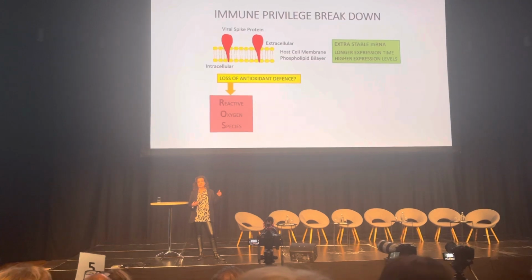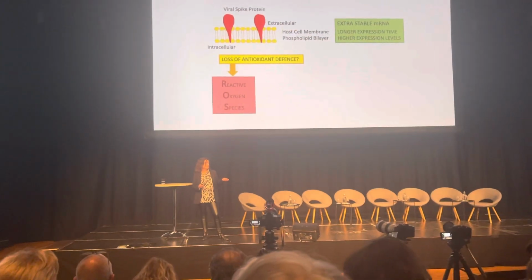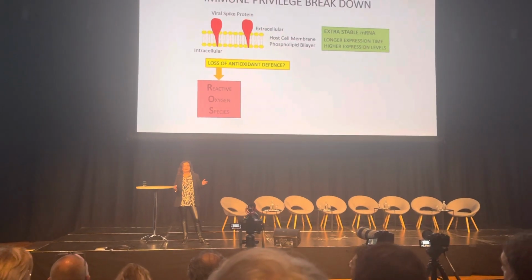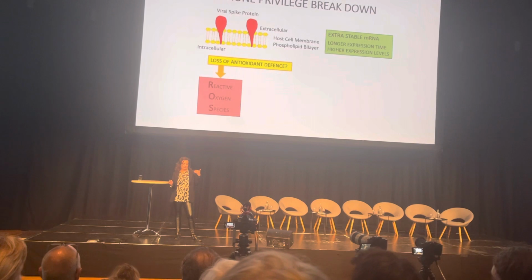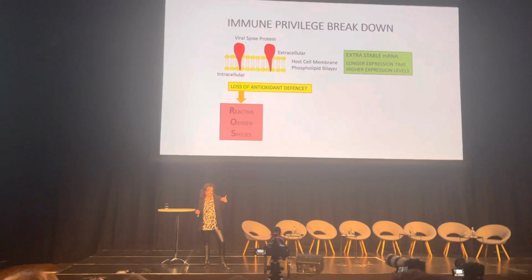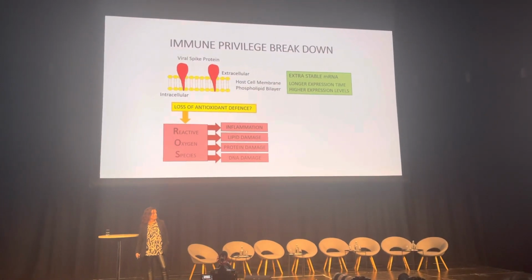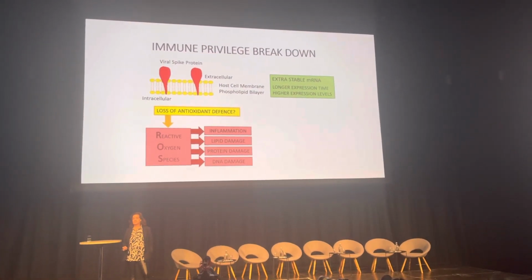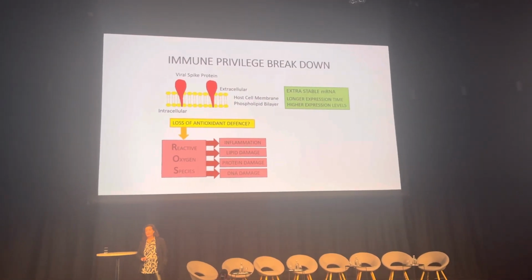This ROS system is actually metabolism from oxygen, and it will produce a lot of aggressive molecules like hydrogen peroxide. They will damage lipids, proteins, and DNA.